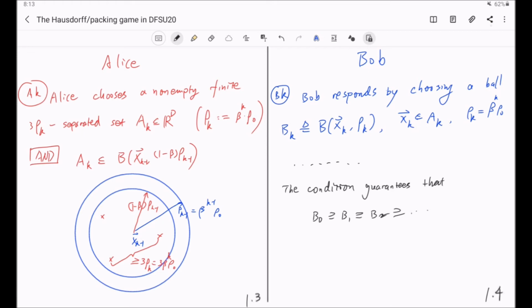So each one of them is contained in the one before. Because the radius rho sub k is shrinking geometrically, if you consider the intersection of all those balls from k equals 0 to infinity, we have a limit point in the intersection of those closed balls, which is denoted x sub infinity. This x sub infinity will be called the outcome of the game.